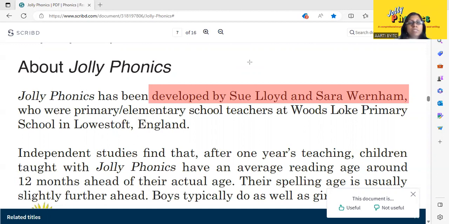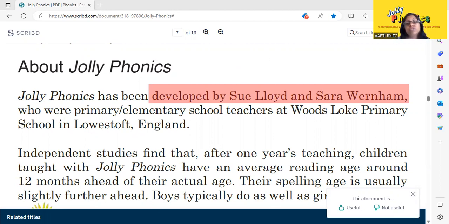Now, independent studies find that after 1 year's teaching, children taught with Jolly Phonics have an average reading age around 12 months ahead of their actual age. Very interesting fact. It is a study saying that after 1 year's teaching, children taught with Jolly Phonics have an average reading age around 12 months ahead of their actual age.